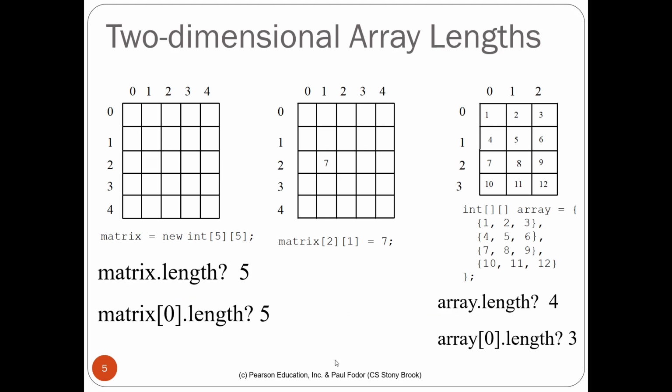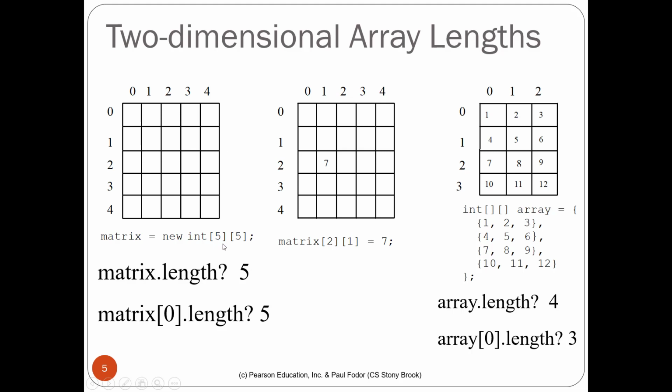Let's understand two-dimensional array even better. So we have this array called matrix, and it's an integer array, and its size is 5 by 5. So when you declare and create a matrix array and you specify its size as 5 and 5, and you say that it is an integer one, then that means you will have 5 rows and 5 columns.